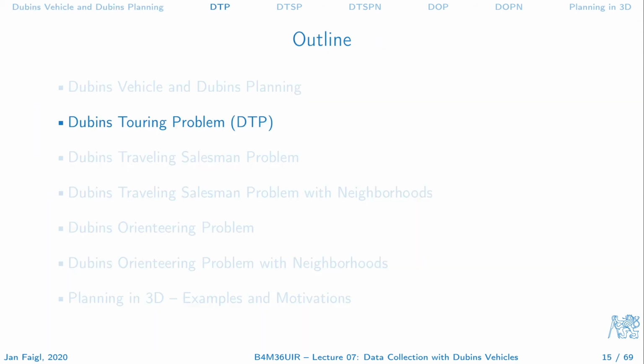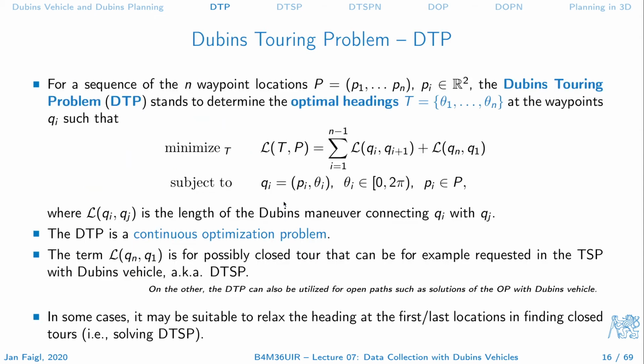Okay. Let's continue with Dubin's Touring problem, because that is a fundamental building block to actually solve any routing problem with Dubin's vehicle, because in a Dubin's Touring problem, we have a sequence of waypoints and we are looking for the optimal headings. And such a sequence is a part of the TSP, but also the orienteering problem.